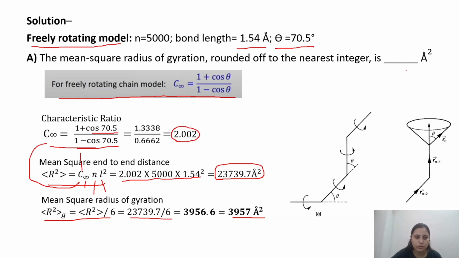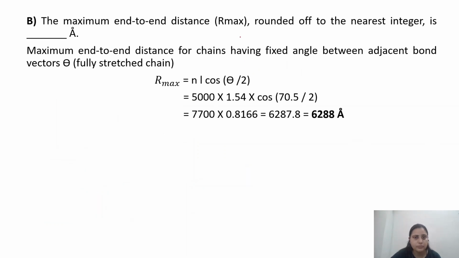Now the second part asks us to calculate the maximum end-to-end distance. For calculating the maximum end-to-end distance, which is R max, we have one formula: R max equals n times L times cos theta by 2.